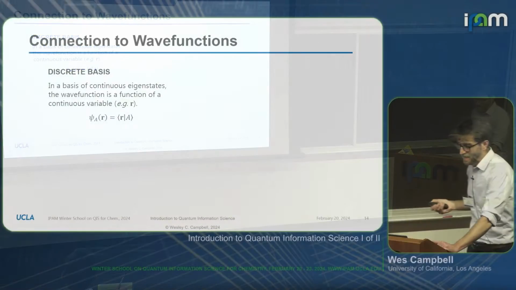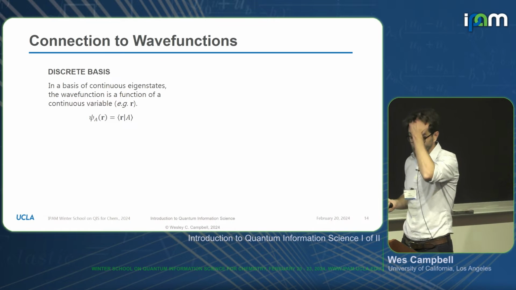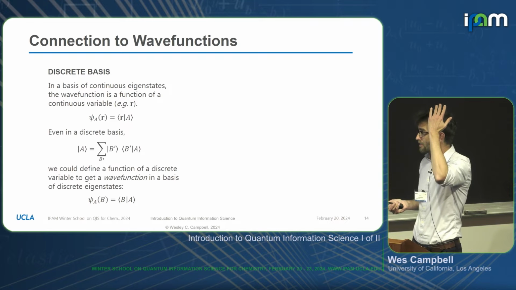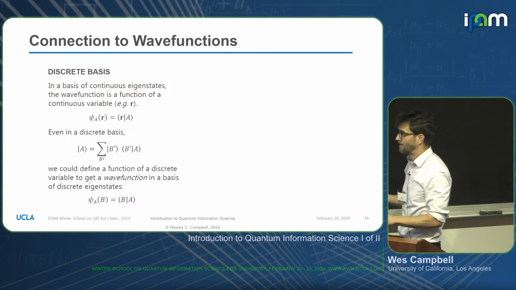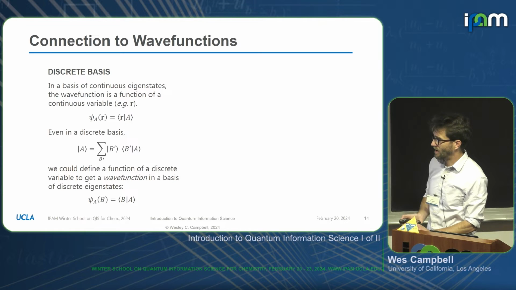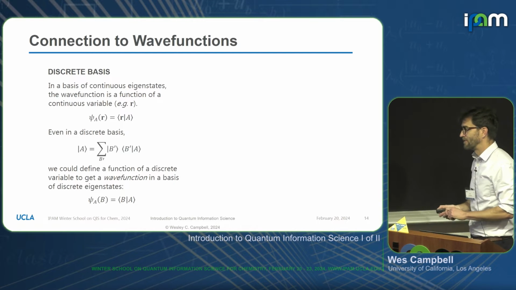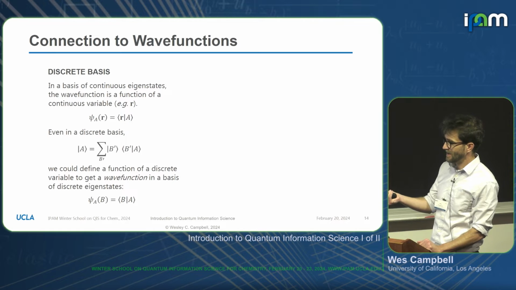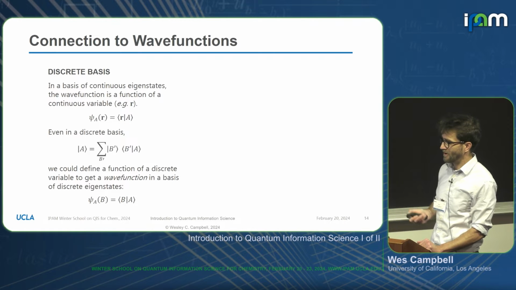In a discrete basis, things are pretty similar, but they look a little different. As I mentioned earlier, we can sum over a complete basis, all the projectors possible. You can define a function of a discrete variable to get a wave function in a discrete basis. So this is psi a of some discrete variable b.